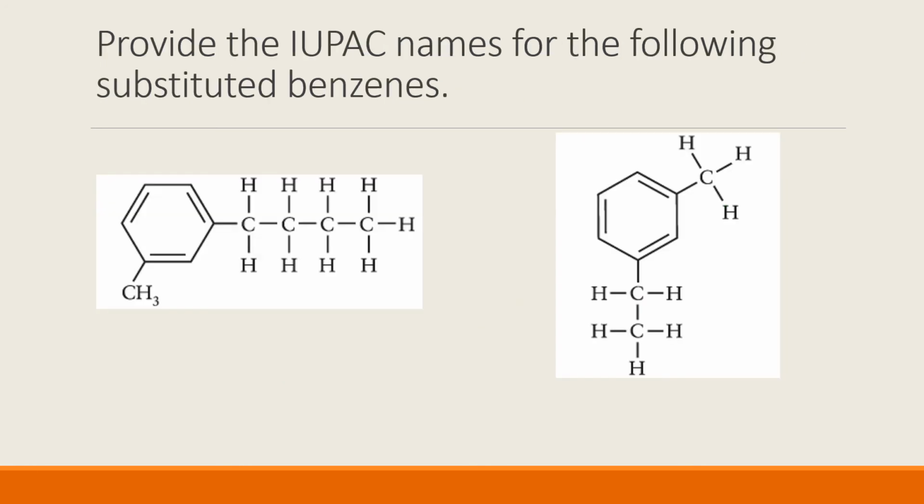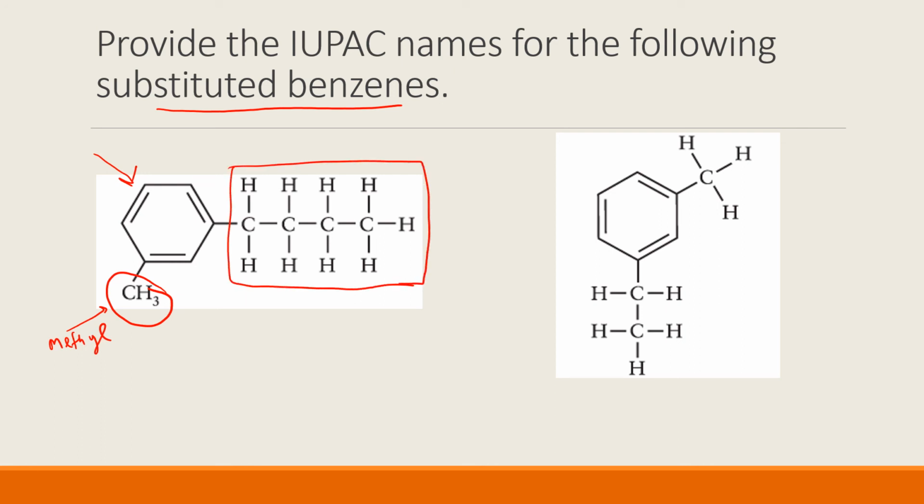Let's practice writing the names of these substituted benzenes. Remember, in substituted benzenes, the parent name will always be benzene. So in the first example, we have two substituents. This substituent is methyl because it contains only one carbon, and the substituent on the right hand side contains four carbons. So the name of this substituent is butyl.